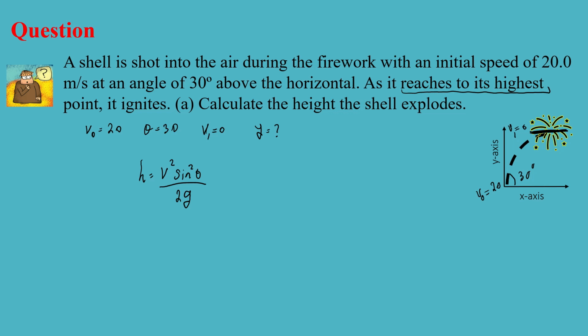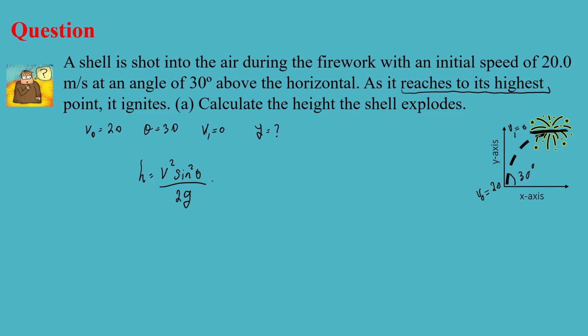So I'm not going to use the other equations to find other values like time and then substitute that value into another equation to find the height, because in this problem I have velocity, theta, and I'm looking for h. So this is the best equation I can choose.